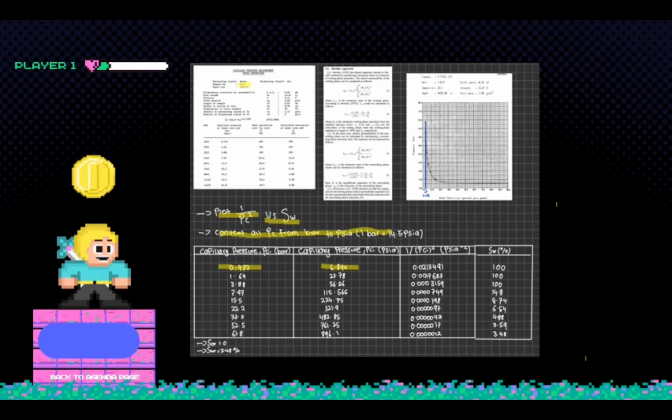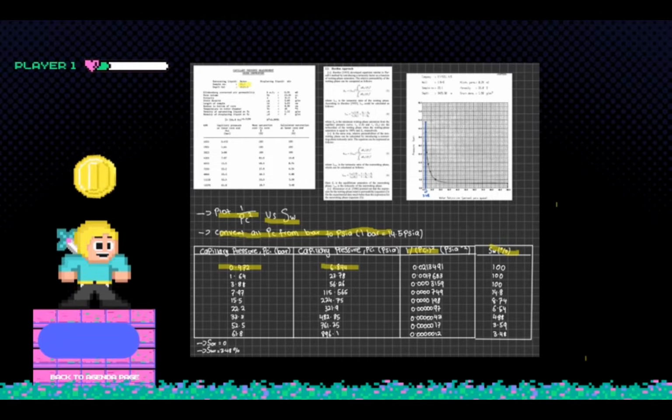From that we calculate 1 over PC squared in PSIA to the power of negative 2, and we have the corresponding water saturation. Based on the graph, our residual oil saturation over here is 0 because our graph starts from that direction.